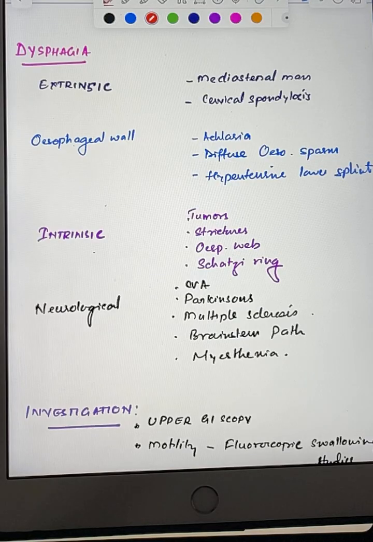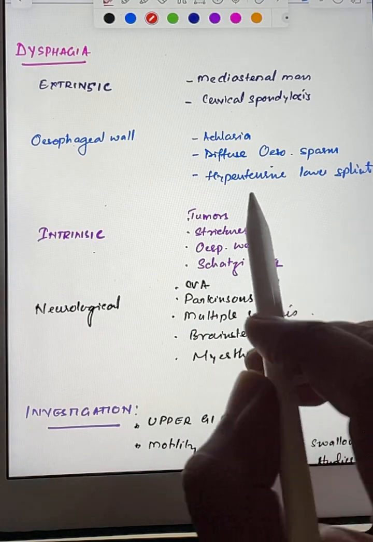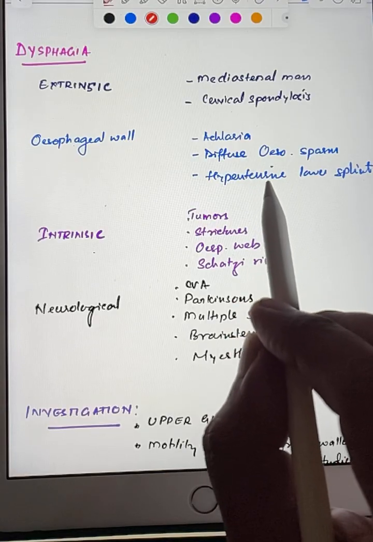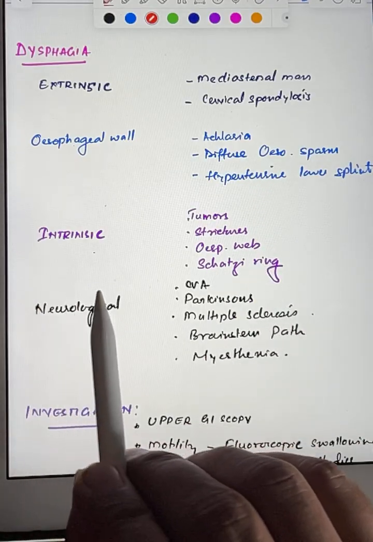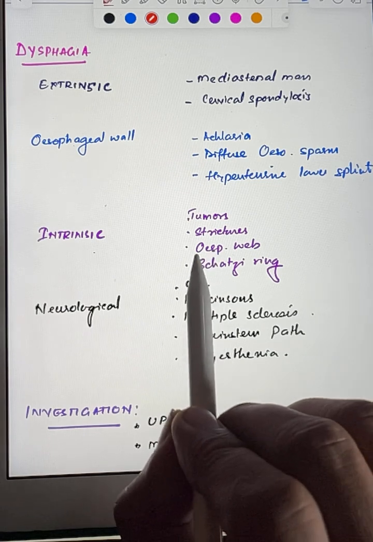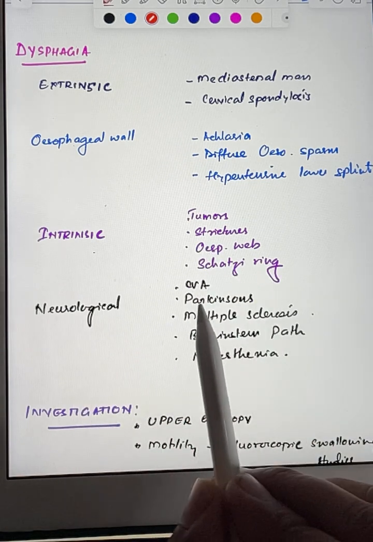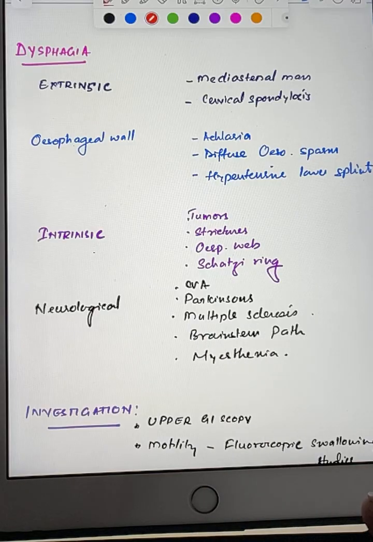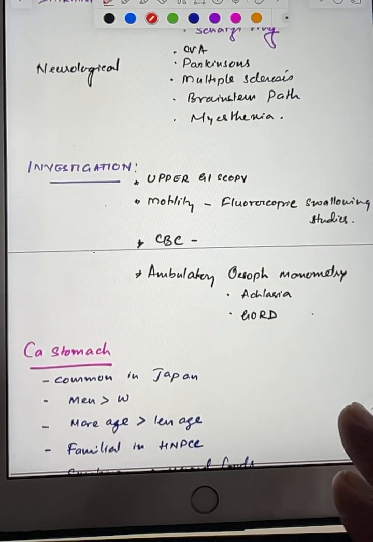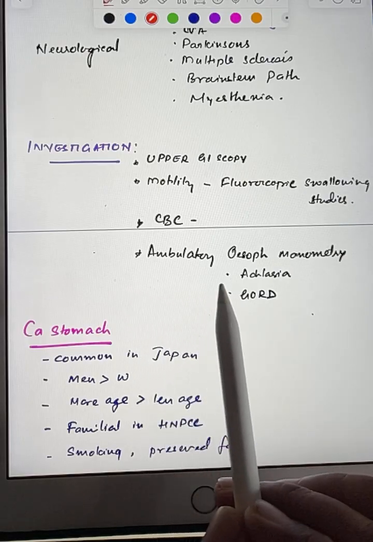These are disturbances in the physiology of the wall. Also masses, tumors and strictures in the wall. Neurological causes: CVA, Parkinson's, multiple sclerosis, brainstem lesions. Investigations: upper GI endoscopy, motility studies, fluoroscopic swallowing studies and manometry.